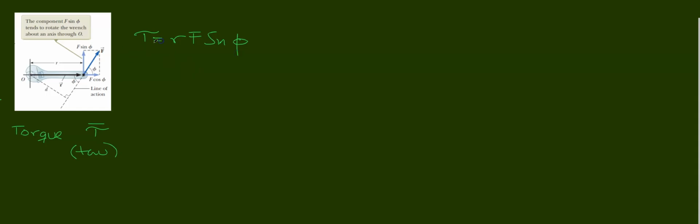And actually this is the very definition of torque: r F sine phi, where phi is the angle between r and F, right? And r is the vector that points from the pivot, from the axis of rotation, to where you apply the force. And F is the magnitude of the force.